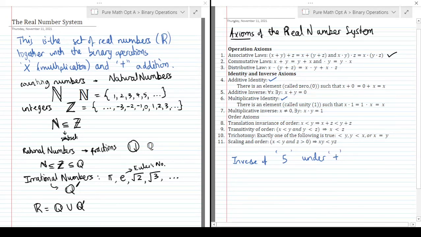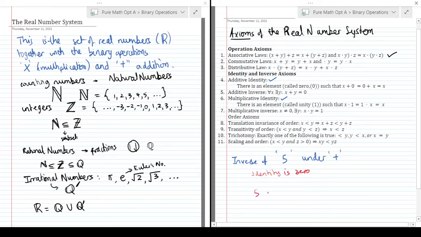So what I need to investigate here is, first of all, what is the identity for addition? The identity is 0. So the inverse of 5 is what I'm going to add to 5 in order to get 0.